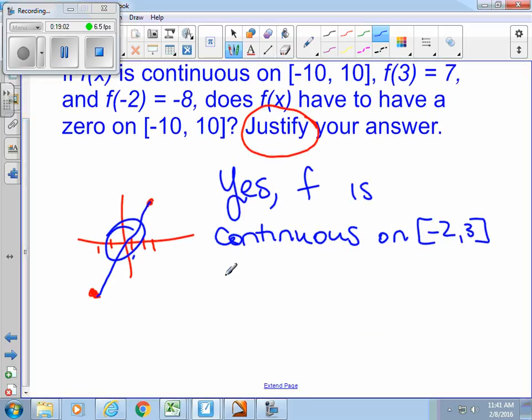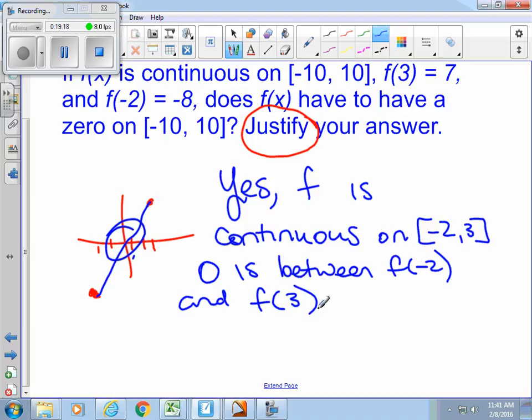It's continuous from -2 to 3. 0 is between f of -2 and f of 3. Why would I say 0 is between that? Because it's asking for the zeros. It's the truth. And that's what I need for the intermediate value theorem, right? I need the L to be between f of b and f of a. You could use less than or equal to symbols if you want, or you can say the word between. It doesn't make any difference.